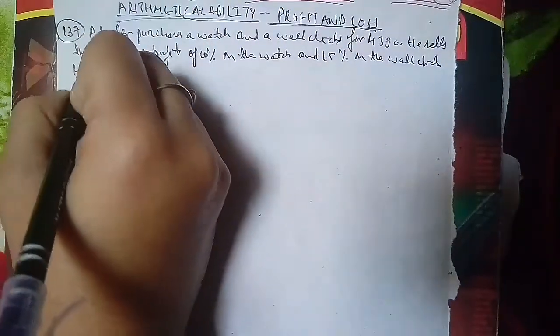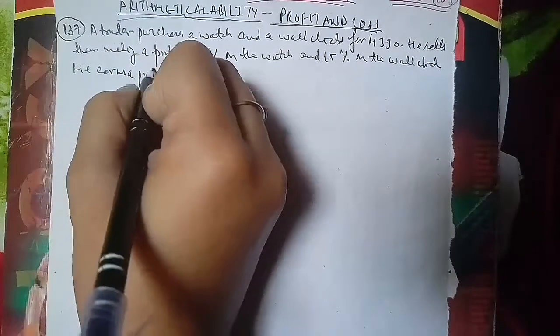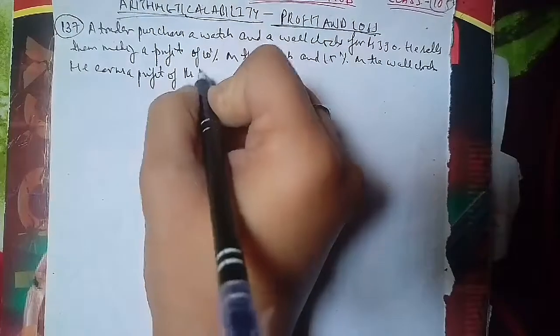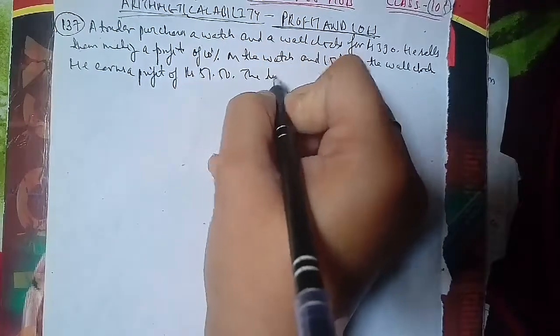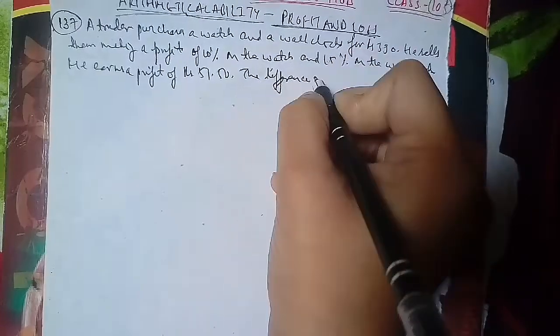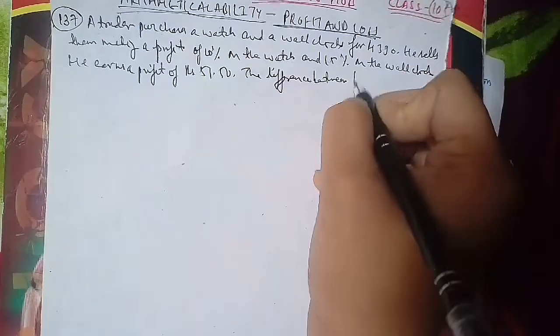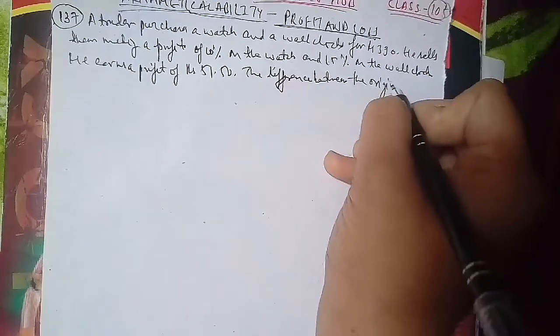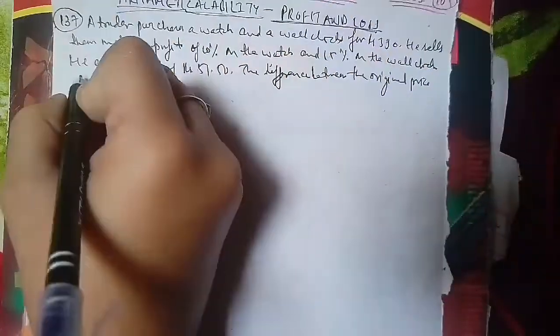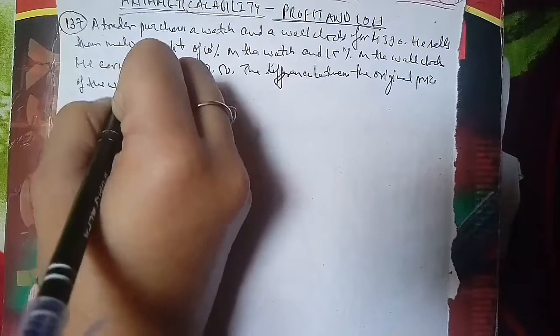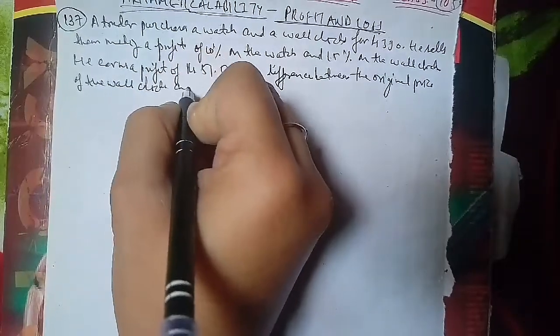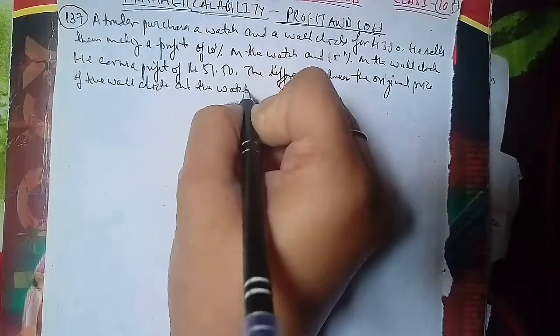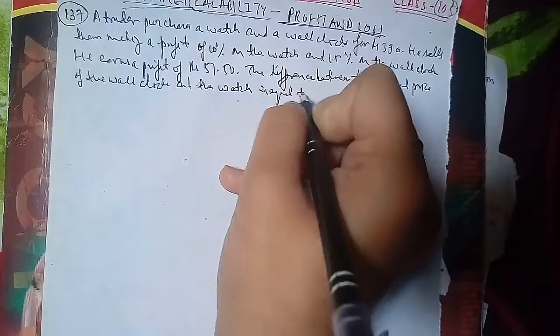He earns a profit of rupees 51.50. The difference between the original price of the wall clock and the watch is equal to rupees 80, rupees 100, rupees 110, rupees 120. We go ahead with the same.